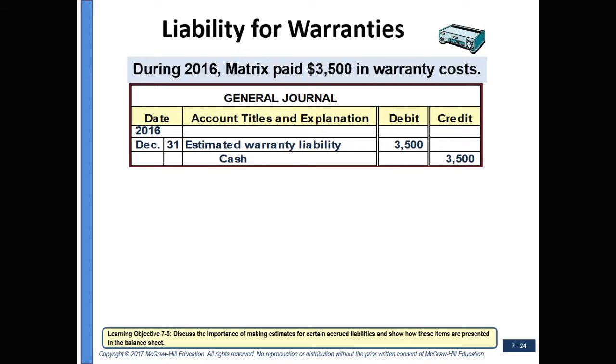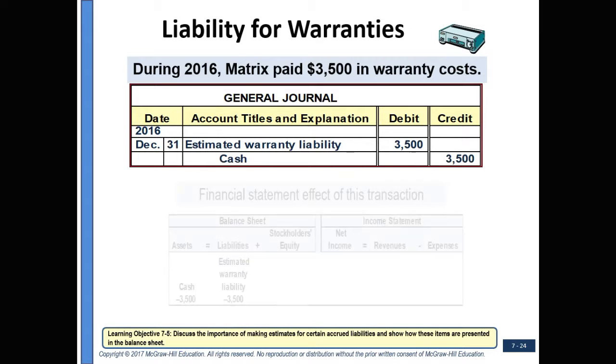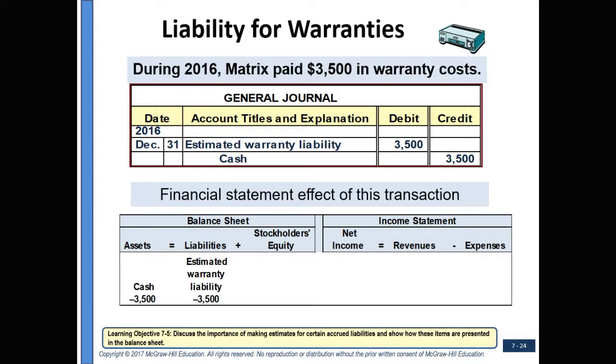When they pay warranty costs, they reduce their estimated warranty liability account by that amount. They have fulfilled their estimated and expected obligation. And then if they're paying for it in cash, cash would reduce. Both assets and liabilities decrease on the horizontal model, keeping the accounting equation in balance.